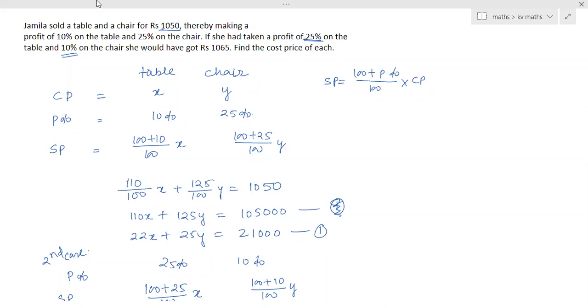NCERT we have finished, so we are doing extra questions.